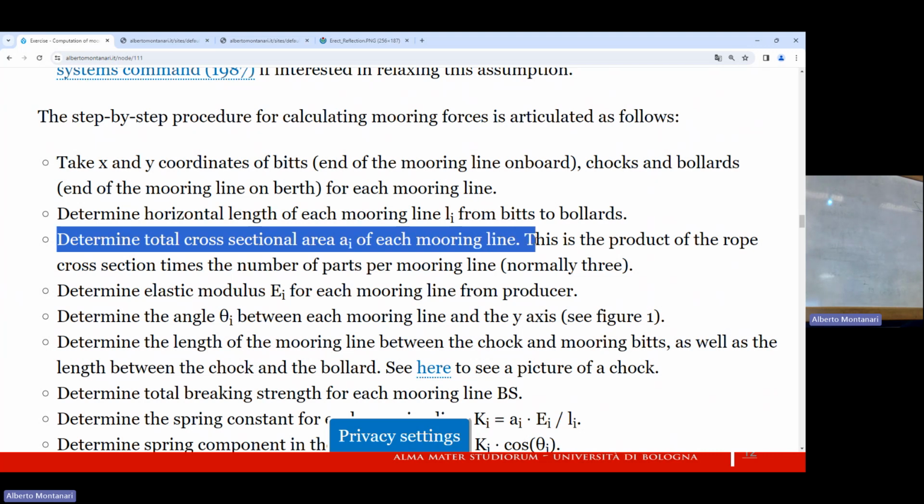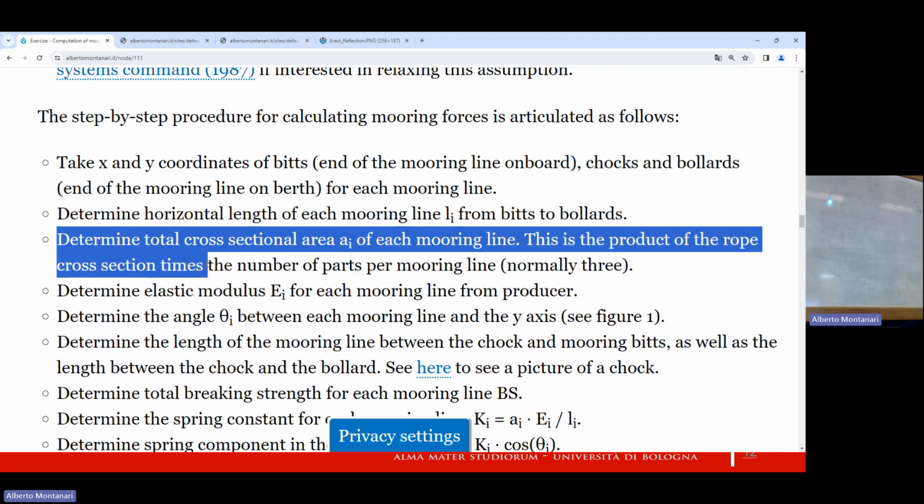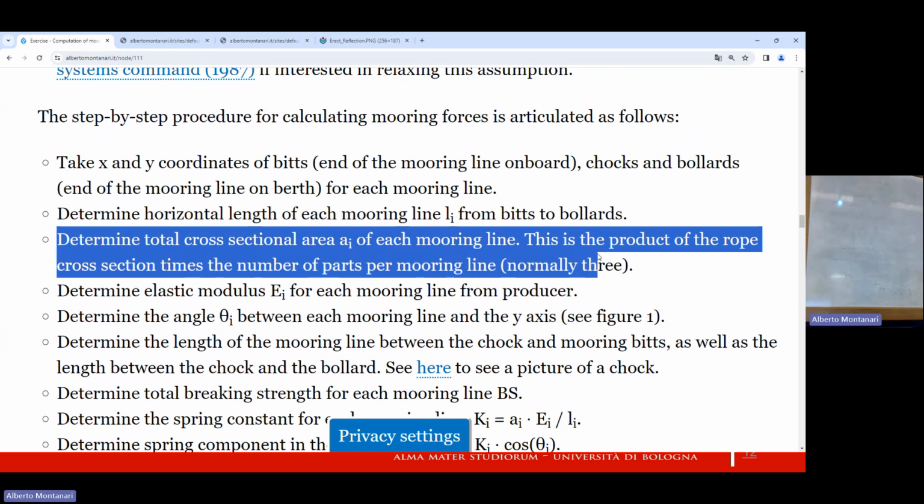This is the product of the rope cross-section times the number of parts per mooring line, normally 3. So the mooring line is composed of 3 ropes. So the total cross-sectional area of the mooring line is 3, the number of ropes in this case, times the rope cross-section. Okay, perfect.